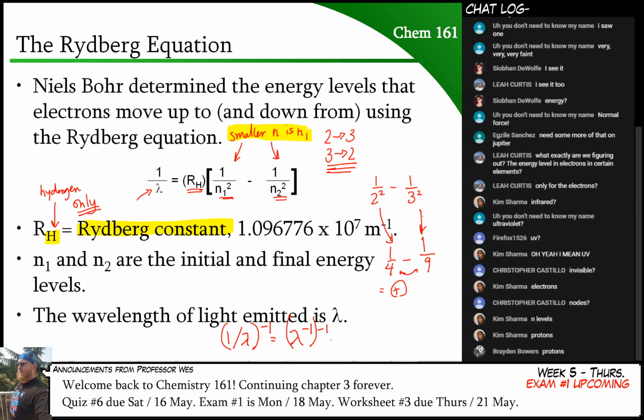When you have an exponent to an exponent, you multiply the exponent. So -1 times -1 would be 1, or just this. So if you take this result, 1 over lambda, whatever that number is, and you push this key on your calculator, raise to the power of -1, and that's why you have this x to the -1 button on your TI-83, you will then get lambda.